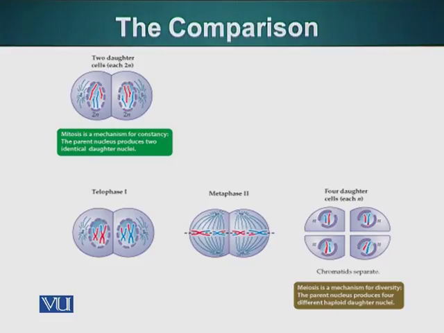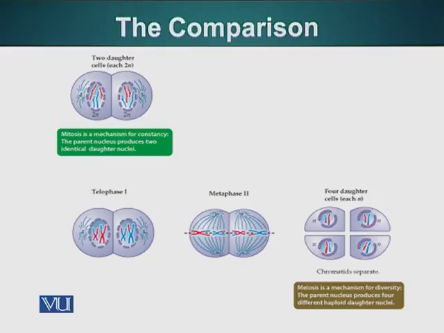At metaphase 2, this is similar to the mitosis metaphase. Here the individual chromosomes are lining up at the metaphase plate. At this stage the centromere will divide, the cohesin molecule will disintegrate, and the individual chromatids will separate and move to the opposite poles.